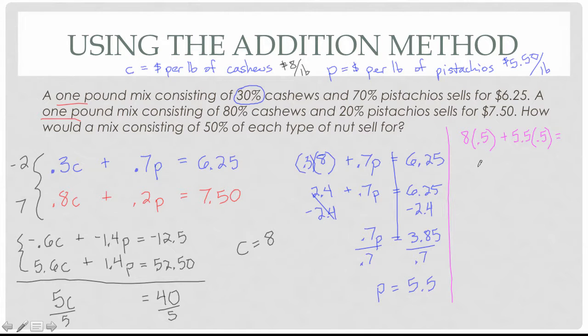Well, that's $4 for the cashews, and that's going to be $2.75 for the pistachios. So it looks like I'm going to end up paying $6.75. Which makes sense, right? It's right in between the $6.25 for mostly pistachios, and the $7.50 for mostly cashews.